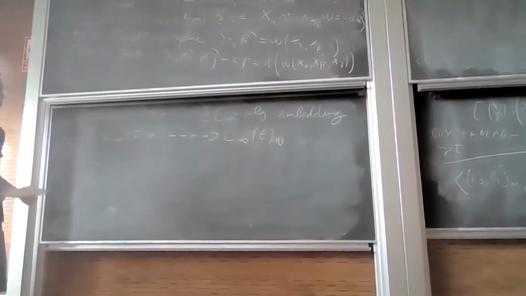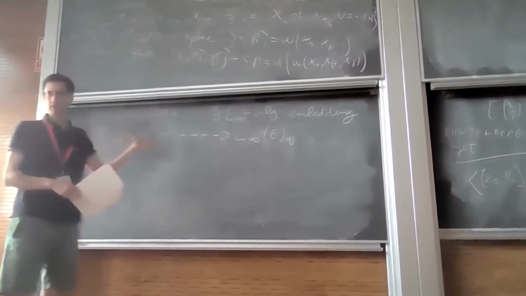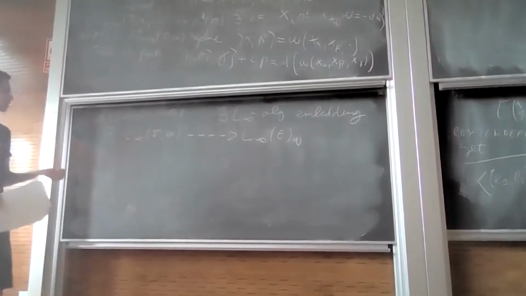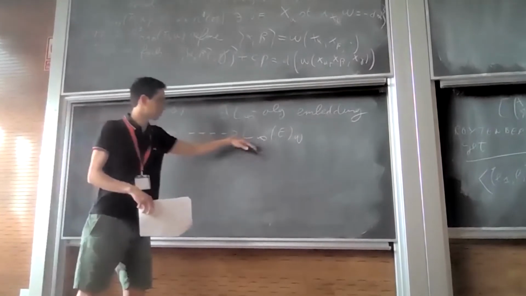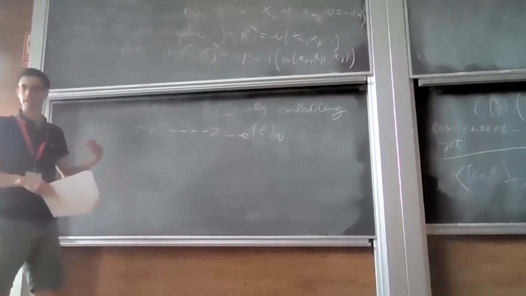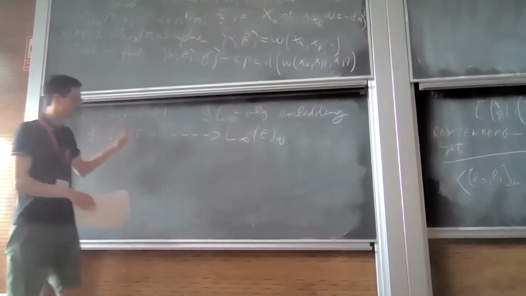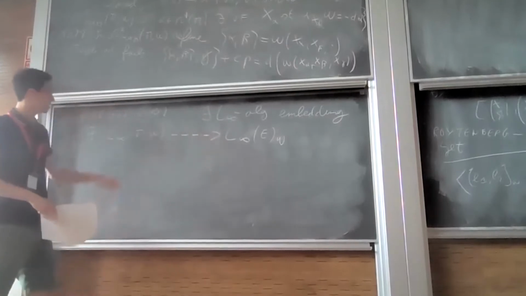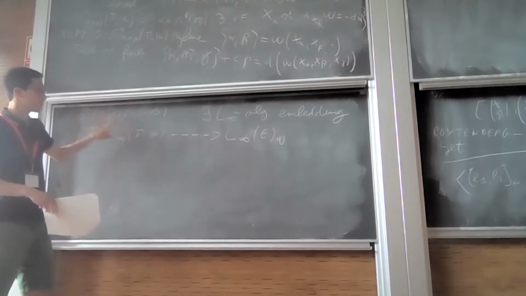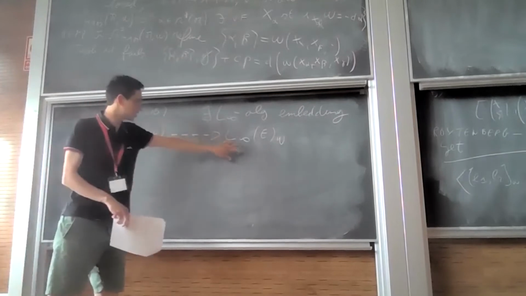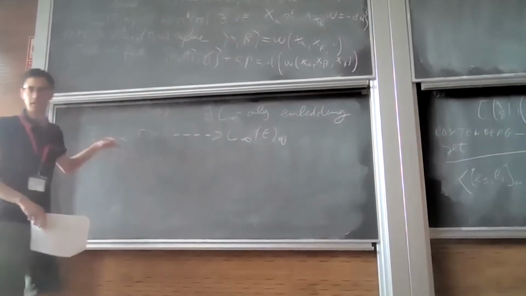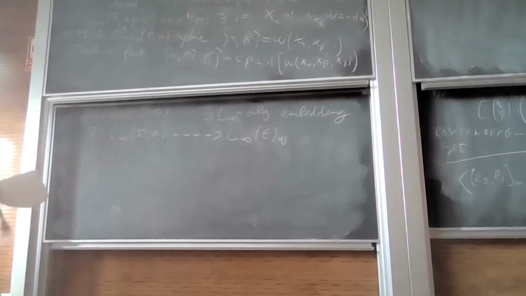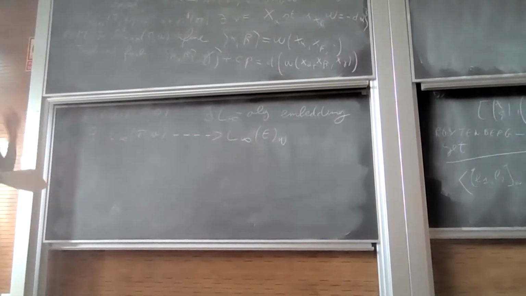So now, an L infinity algebra morphism is not just a map between the underlying graded vector spaces that preserves the brackets. It's not just a linear map from here to here that sends the differential, the unary bracket here, to the unary bracket there, and the binary bracket here to the binary bracket there. So it's not this. It's a much more flexible notion.